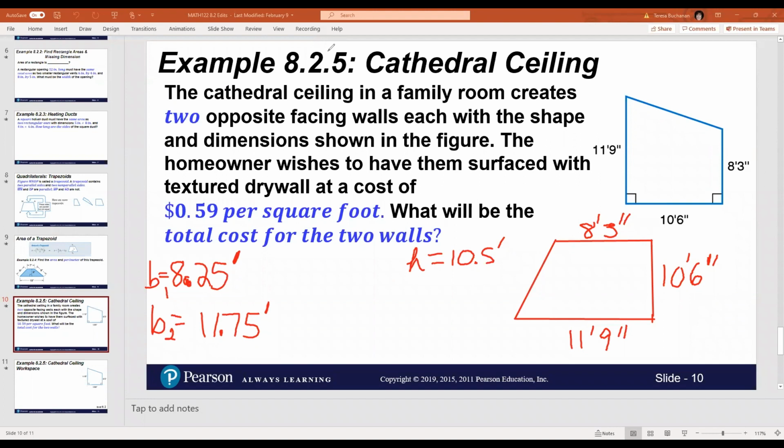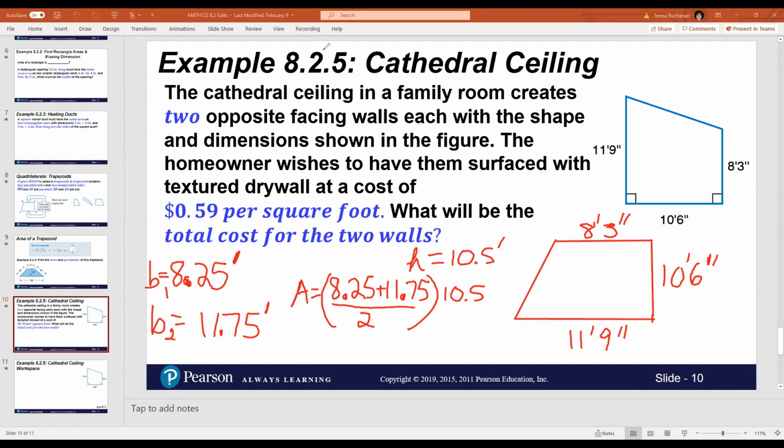And at that point, if I roll through this in terms of my trapezoid calculation, I know this has to be 8.25 plus 11.75 divided by 2. That's taking the average of the two bases again, and then multiplying by the height, because at that point I'm treating this as if it were a rectangle. And so, having done that piece, maybe you're working with me on these calculations.